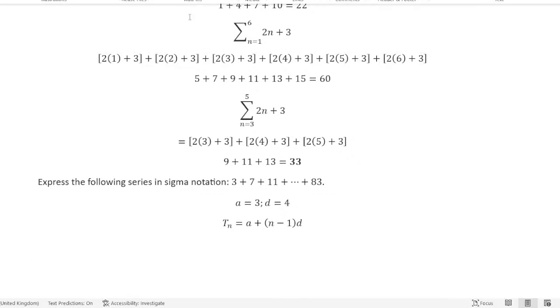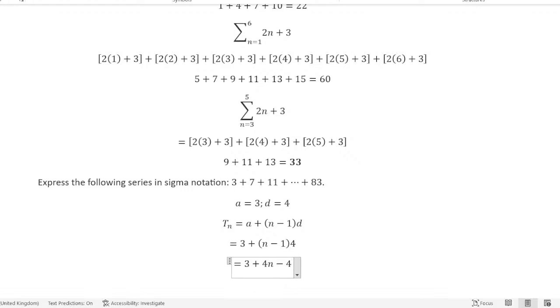So we have here the value of a is 3. Tn is equal to 3 plus open brackets n minus 1 into the value of d, which is 4. So now let's simplify. It is equal to 3 plus 4n minus 4.